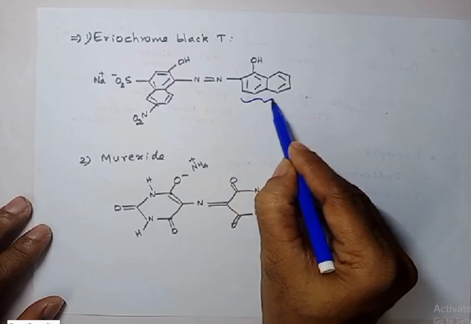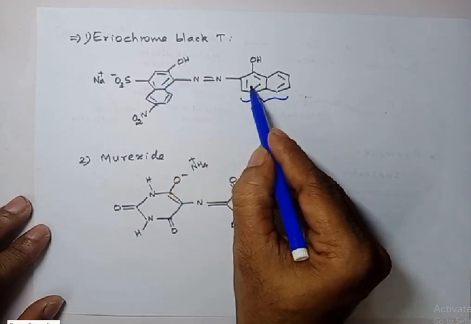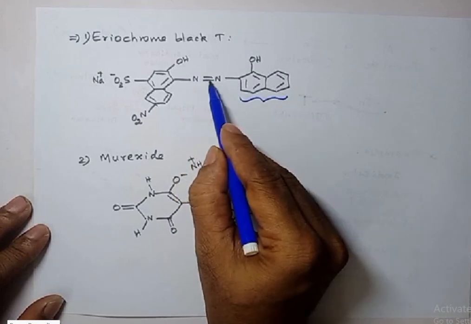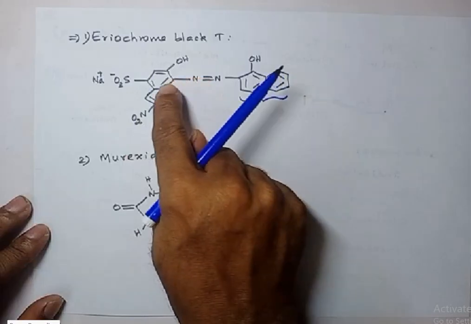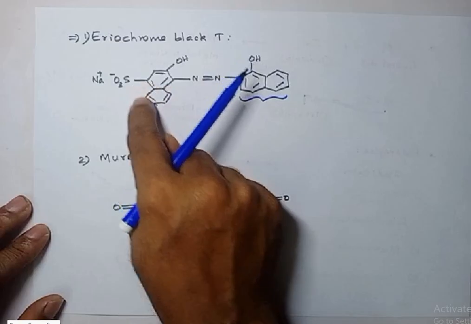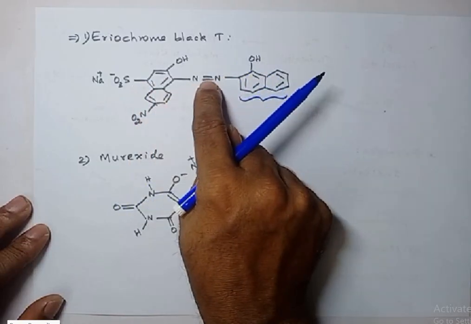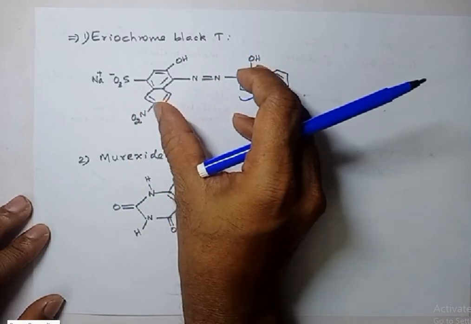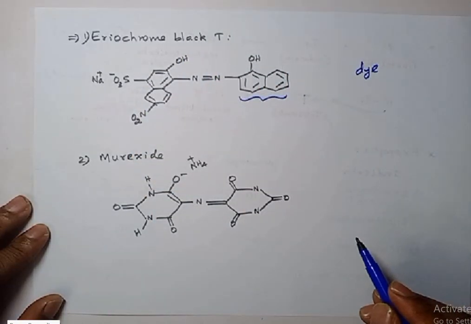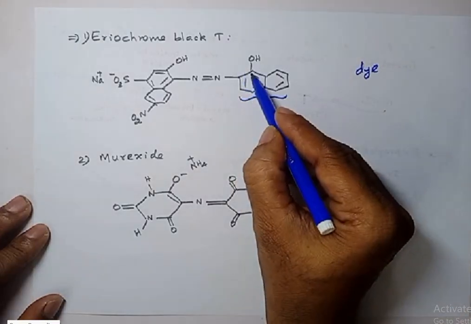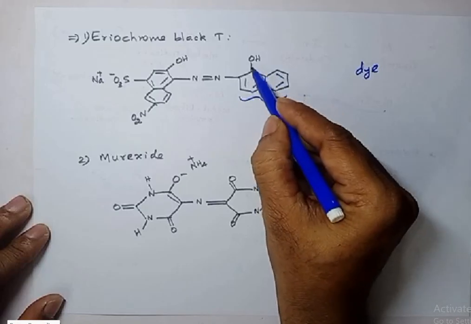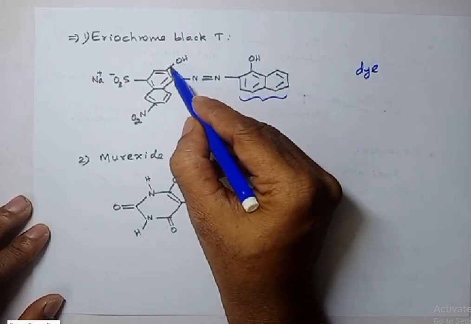This is one naphthalene unit, and this is another, and the two units are connected through an azo group, N double bond N. You know very well, when two aromatic rings are connected by an azo group, those compounds behave like a dye. It shows a characteristic color. Other substituents are there: this naphthalene unit has one OH group, and this unit has one OH group here.